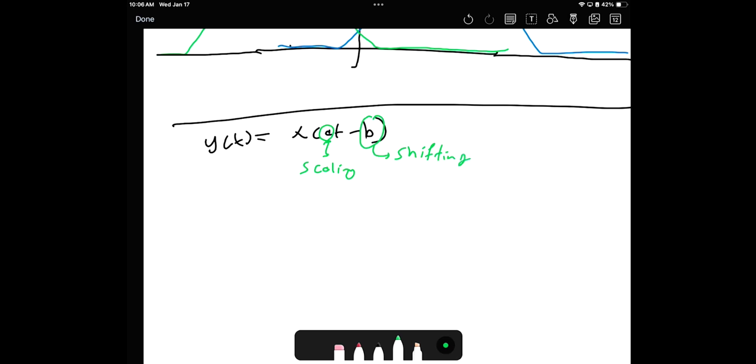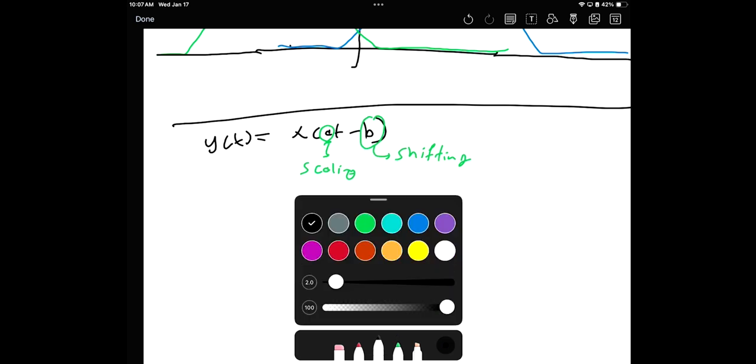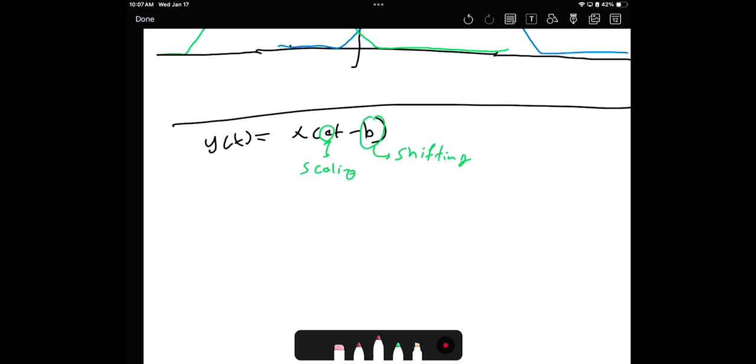So when we did our problems or the examples before, we used to do scaling alone, shifting alone. Now when we have both, we need to follow the following procedure. So basically, you need to simplify the procedure.